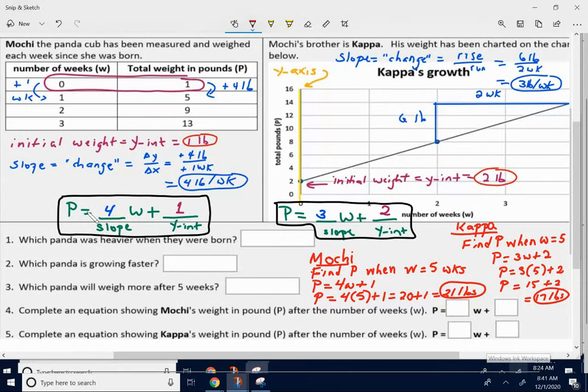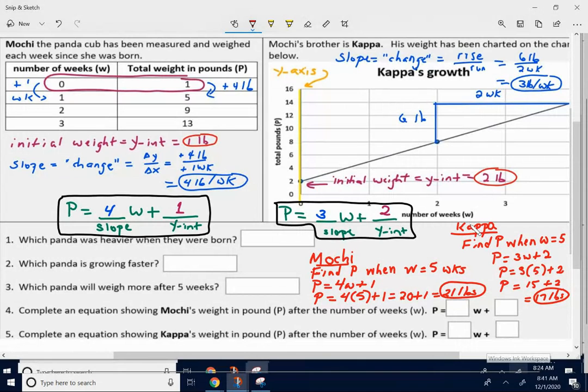Pounds equals 4 times the weeks plus 1. So at 5 weeks, it's 4 times 5 plus 1. You're just replacing W with 5. 4 times 5 is 20. Add 1, you get 21 pounds.